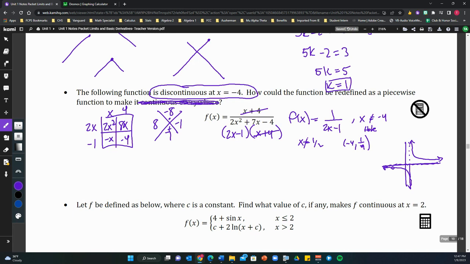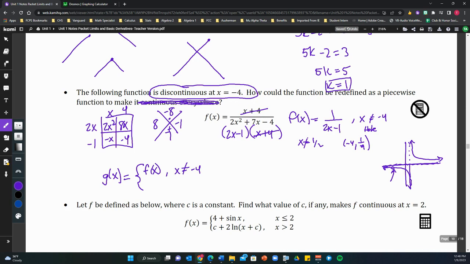Again, it's not going to be continuous everywhere, but it can be continuous everywhere except the vertical asymptote. So basically, I want to fix that point. The way we do that is I'm going to make this a new function, g of x. When x is any value that is not equal to negative 4, we're going to use the original graph.